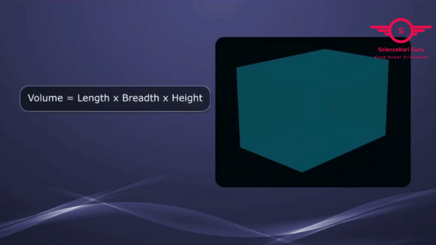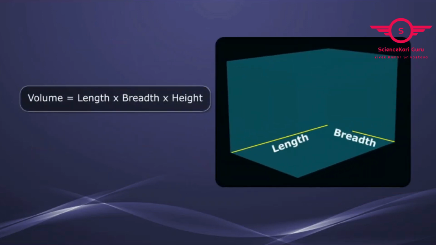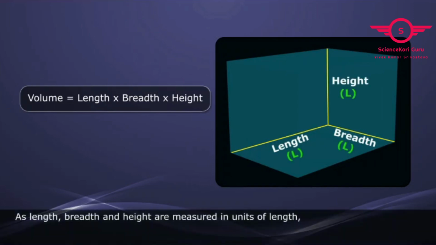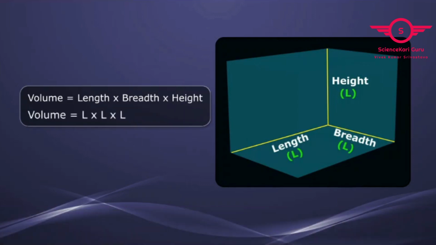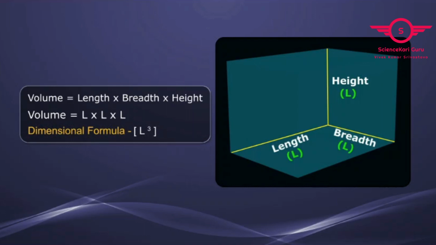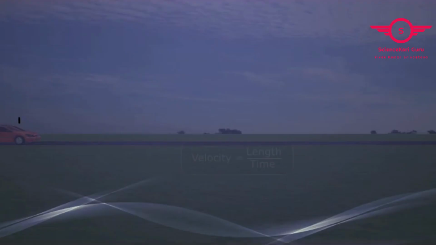Volume is equal to length into breadth into height. As length, breadth and height are measured in units of length, volume is equal to L into L into L. Therefore, the dimension formula of volume is L cubed.